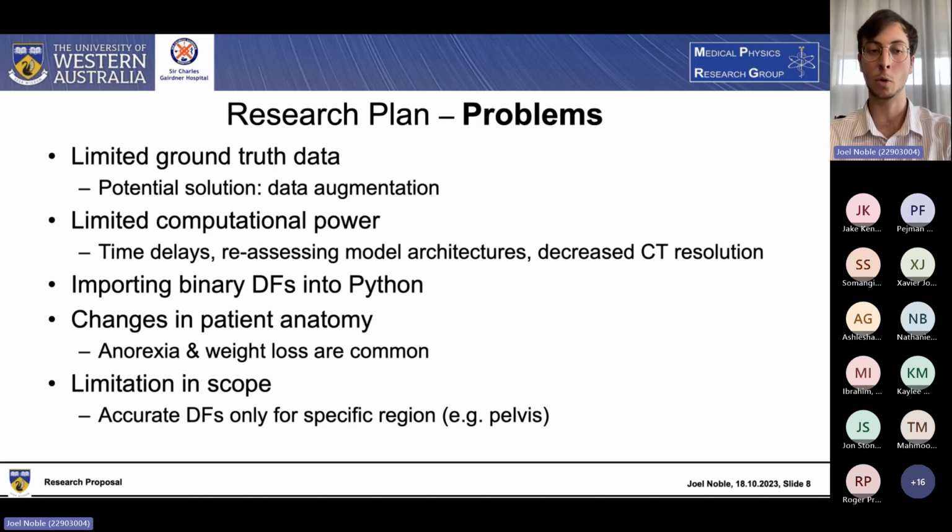Also, the models produced may be limited in their scope, so it might be that accurate deformation fields are only for a specific region, in which case I would look into doing it for the pelvis or the lumbar region. Based on the other studies, these seem to be most suitable to SFRT. But of course, that would limit the range of expedition that could be done for palliative treatments.